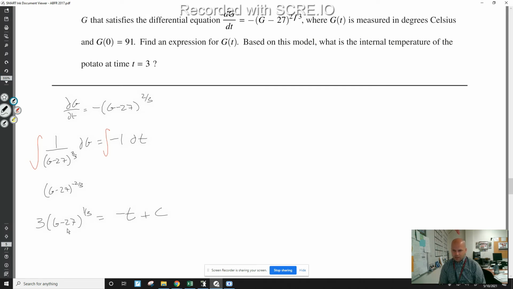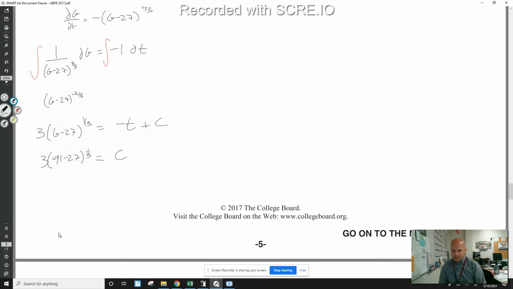But as long as I don't have a log, it's okay to find c earlier rather than later. So let's just do it. 91 minus 27 to the 1/3, whatever that is, equals c. I bet you this works out nicely, but I'm not sure. 91 minus 27 is 64. The cubed root of 64 is 4. So this does work out nicely.